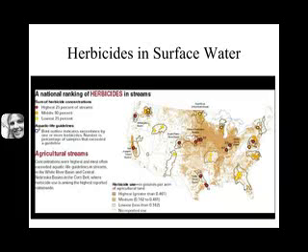And you can see in this map that significant portions of the United States have high levels of herbicide in their water supplies. And this is a problem that we actually don't discuss very much, but it is a very big problem. And it is the direct result of our modern agricultural system.